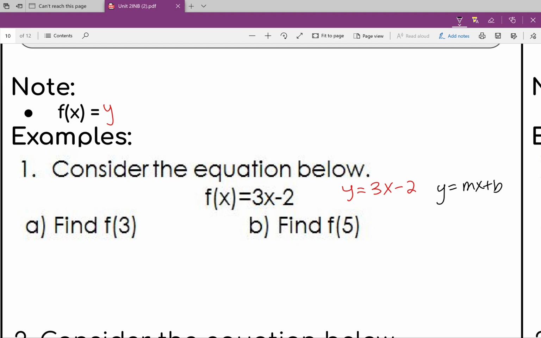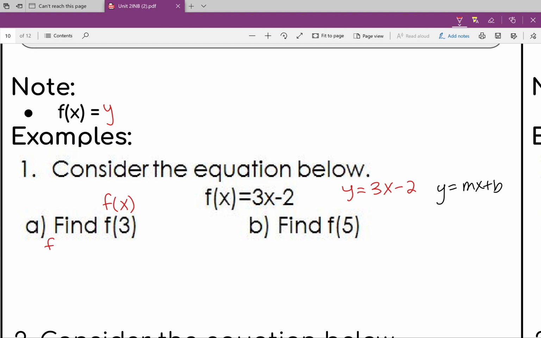Okay, so on number 1, for A, it wants us to find f of 3. Since this 3 is inside the parentheses, that is where our x is, because remember, it's f of x. So this is saying that x is equal to 3, so we need to plug in x in order to find y.